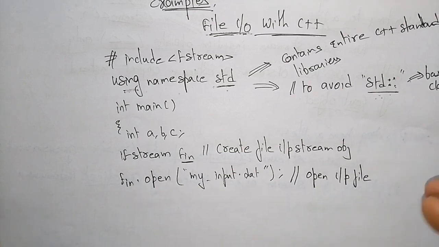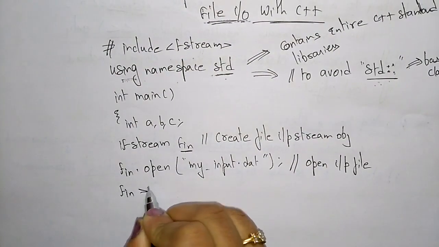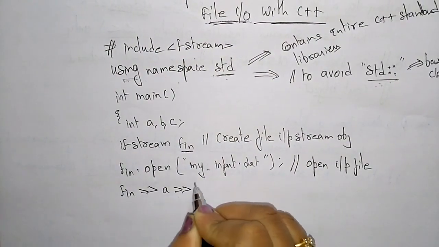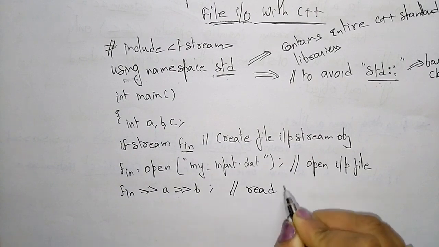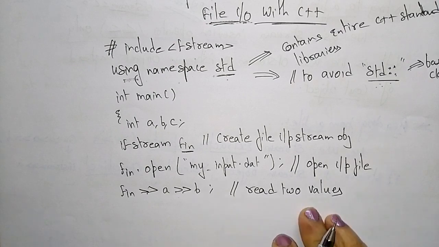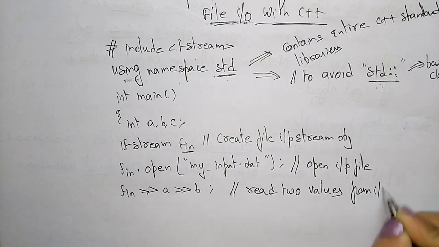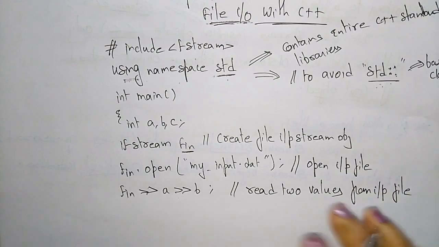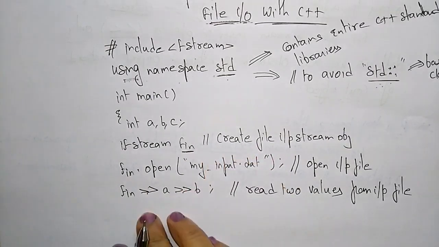After opening, what do we have to do? We have to read the values. fin >> a >> b. This step reads two values from the input file. Already in the input file we have the values, and those values have to be read.